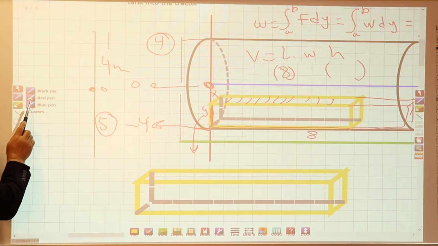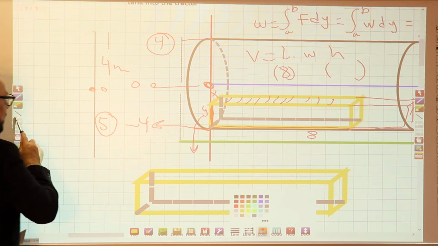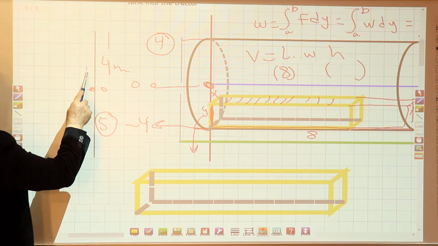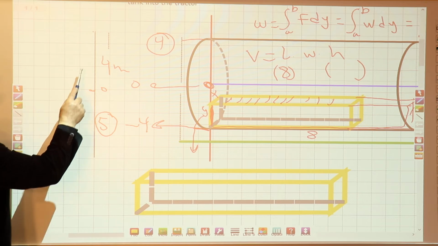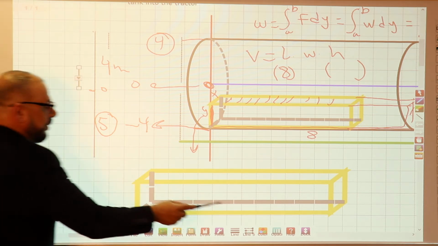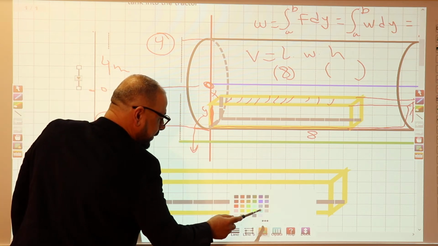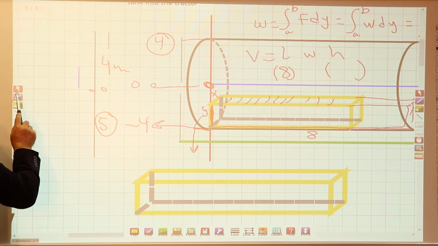Now we're taking a small piece to here. I'm gonna make it in blue, which is the y, right? This is my y.